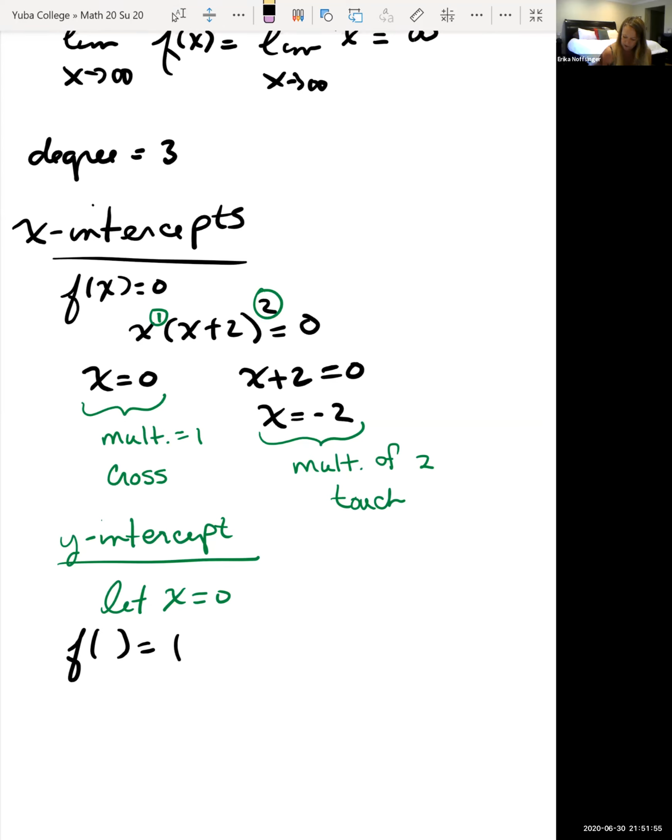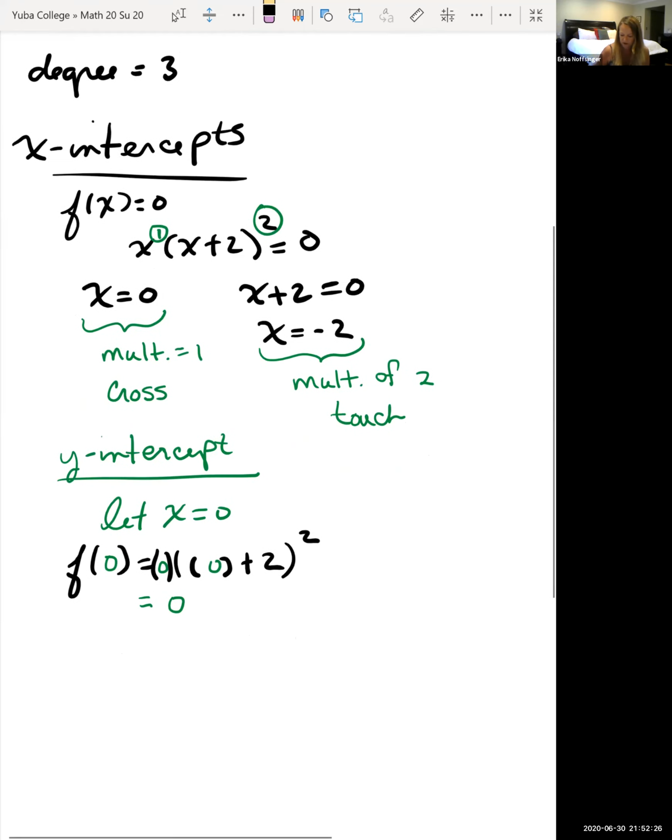We'll go in, and wherever you see an x, you replace it with parentheses and rewrite it with 0. And so f of 0 is equal to 0 times (0 plus 2) quantity squared. Well, right away, because of this 0 outside, 0 times anything is 0. So our result is 0. So we have a y-intercept at 0, which makes sense because we also have an x-intercept at 0, which is our origin.